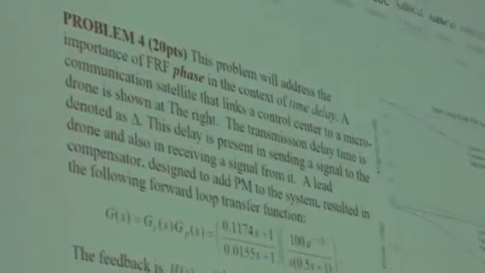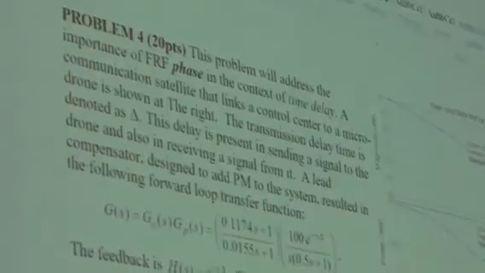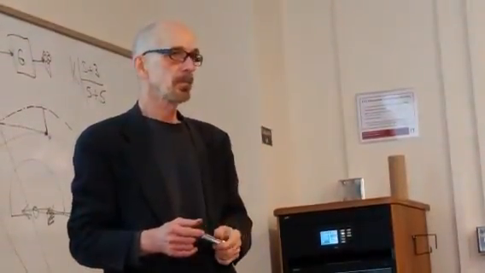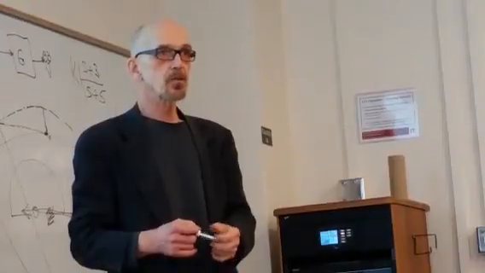In the forward loop, where you're sending it from the control center to the drone, there's a delay of delta. In the feedback loop, when you're measuring where the drone is and sending that information back to the controller, there's a delta. So how much delay is in the open loop? 2 delta, don't forget 2 delta.